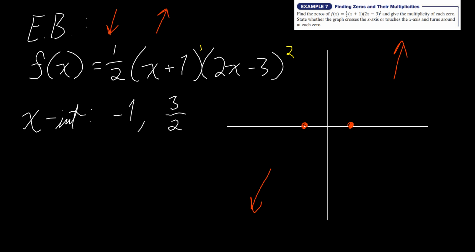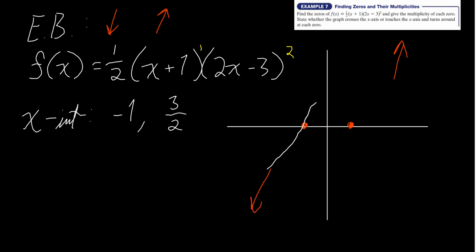Looking at the term x plus 1, its root is at negative 1, and it's an odd multiplicity. If it's odd, that means we're going to shoot right through the graph. We're not necessarily concerned with where we're at on the y-axis just yet.